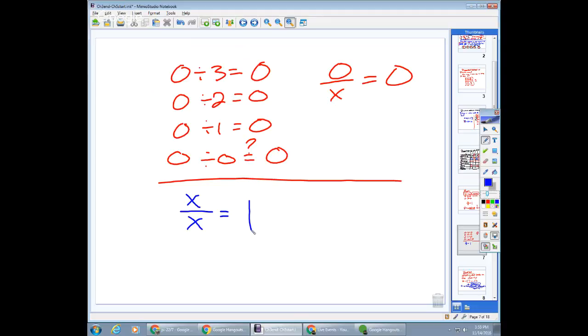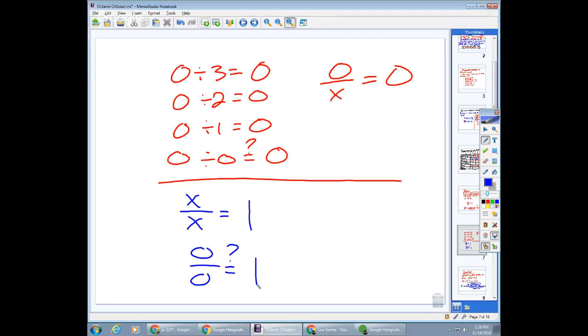So this rule says, hey, 0 divided by 0 should be 0. But this rule says 0 divided by 0 should be 1, shouldn't it? Which is the better rule? You like the 1 better? I did yesterday, but today I like the 0.